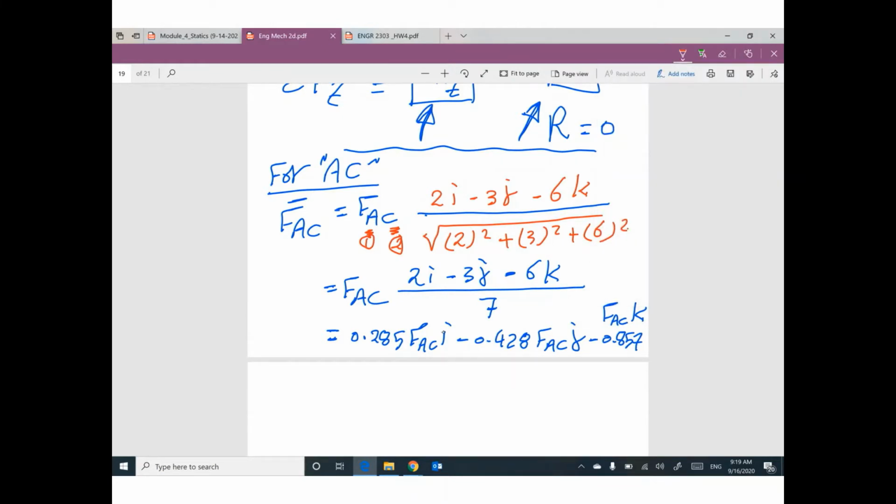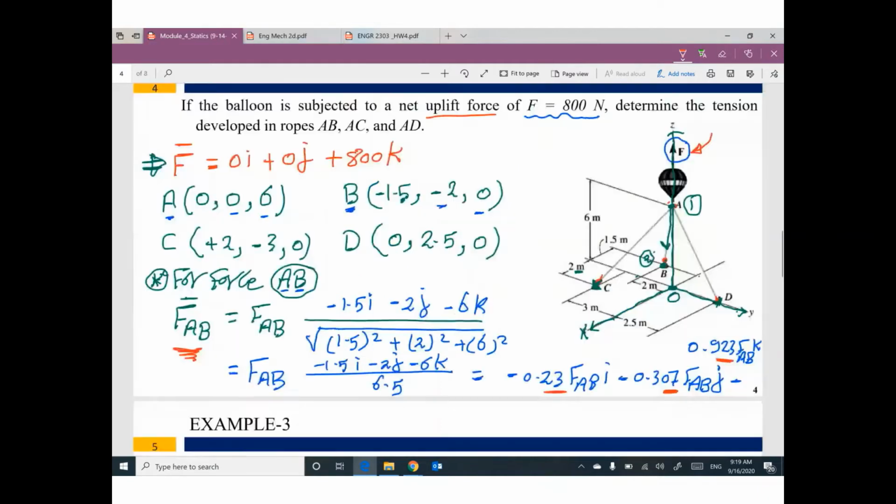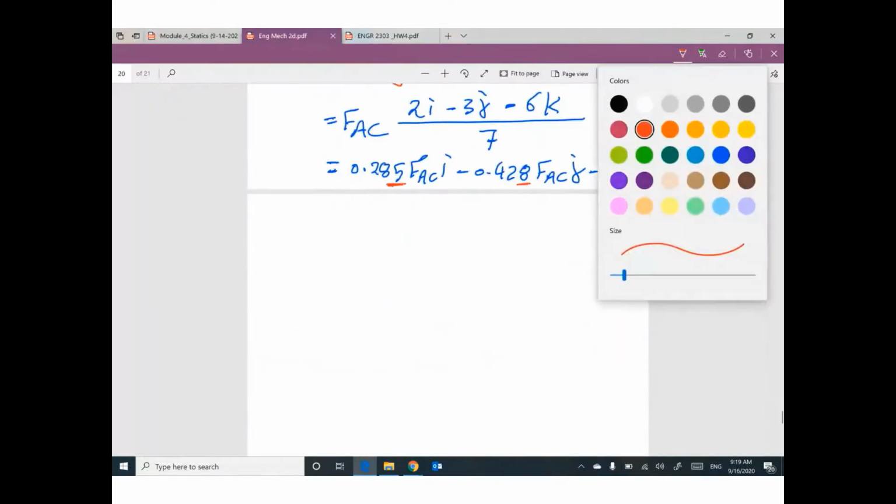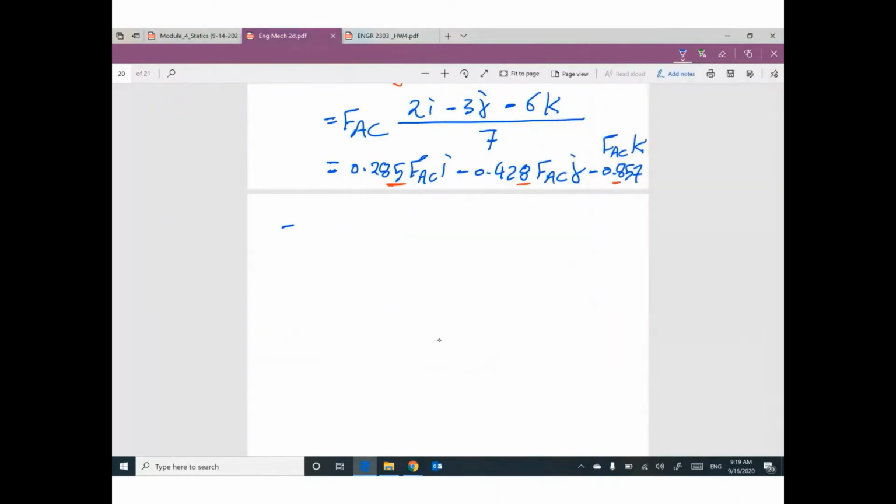FAC, I can figure out the X component, Y component, and Z component. What else? The third force will be FAD. So I will talk about force AD. FAD as a vector equals FAD times AD.